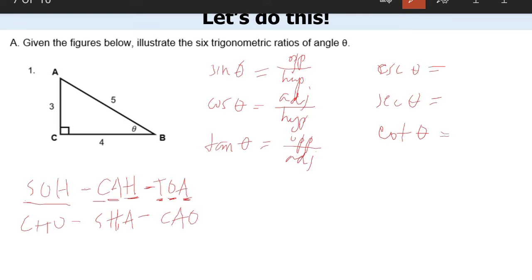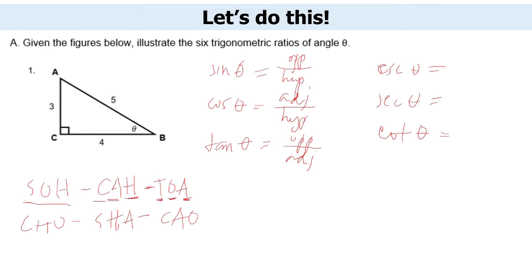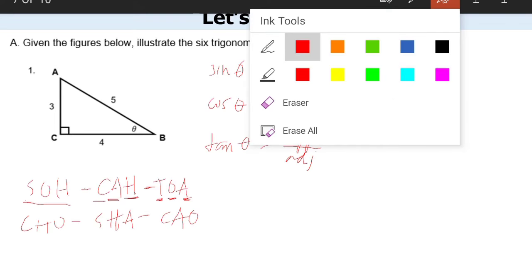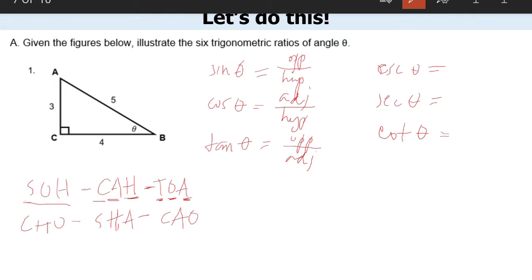Okay. So for the reciprocal, if you get the ratio of the basic trigonometric ratio, you will just interchange the 2. Kapag hindi mo naalala yung SOHCAHTOA, i-interchange lang natin ito.